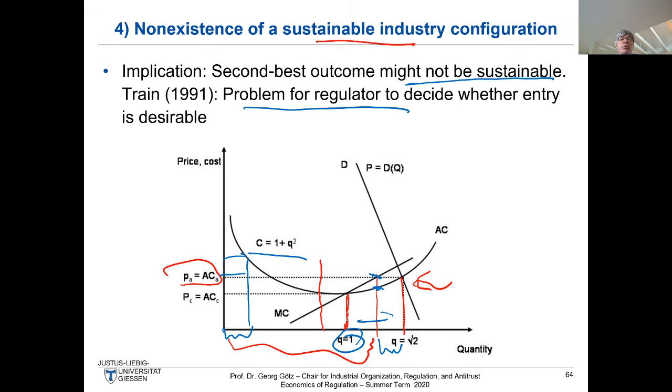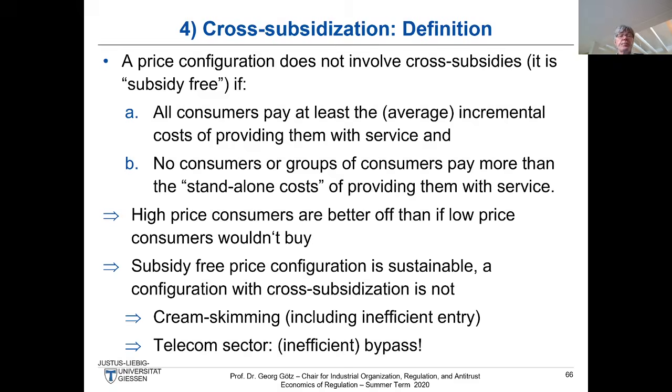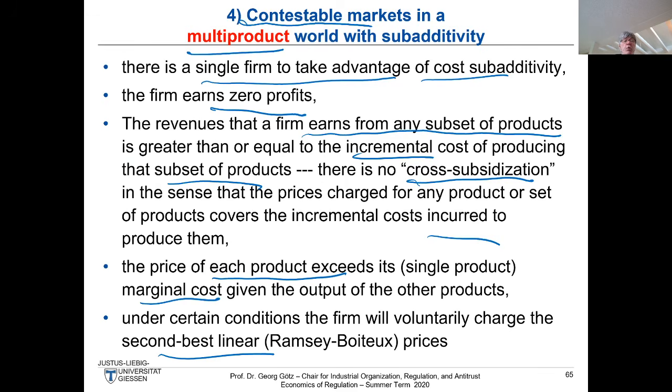I just noticed that I have run out of time, but that doesn't matter. I will stop here. I will discuss cross-subsidization next Thursday. The important point today was that we were able to introduce contestable markets, because that's what we are going to discuss in assignment 2.